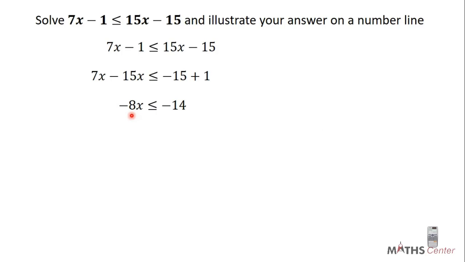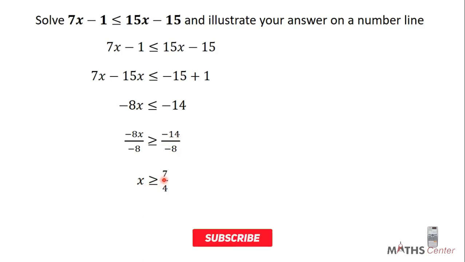Remember, we said that if you divide through by a negative number, the sign of the inequality changes. So as soon as we divide both sides by minus 8, the sign changes from less than or equal to, to greater than or equal to. Minus 8 will cancel minus 8. So we are going to have x is greater than or equal to minus 14 divided by minus 8, which is 7/4. So we have solved the inequality.